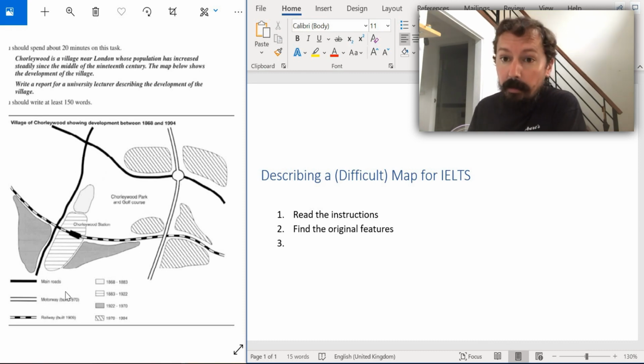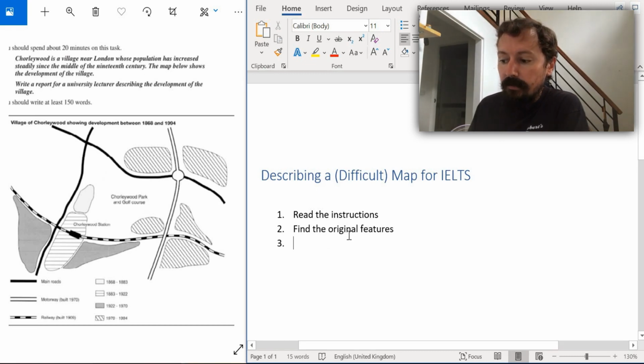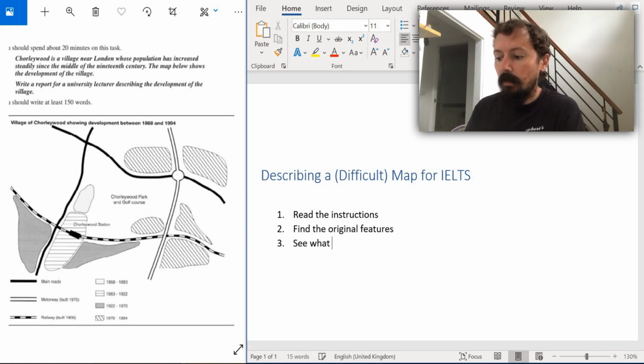So they were probably around at the very first period of the information that we're considering here. So they were probably there during this 1868 to 1883 period. So you must find the original features, then you're going to see what has changed. So that is the important thing next.